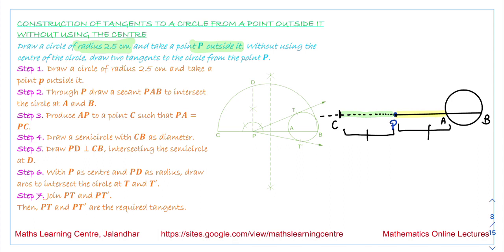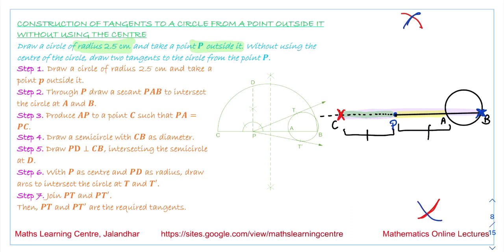Now we have to draw a circle with CB as the diameter. We have to construct the perpendicular bisector of this CB. So we keep the compass at the point C and we mark two arcs over here. Then we keep the compass at B and mark these two arcs over here.